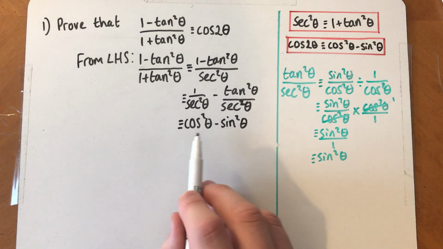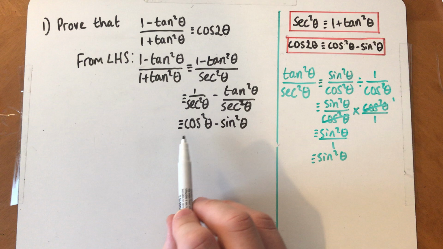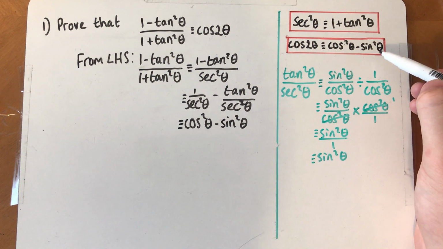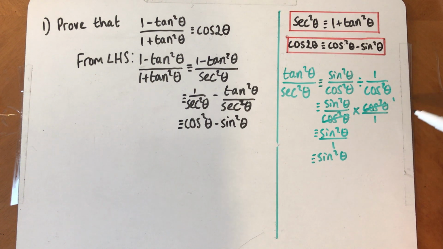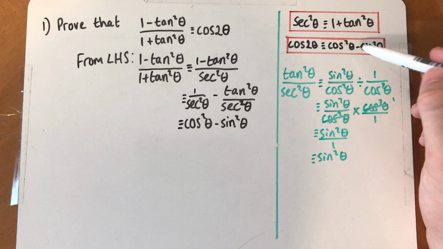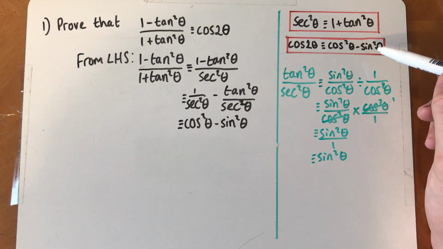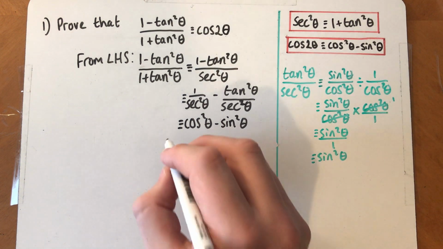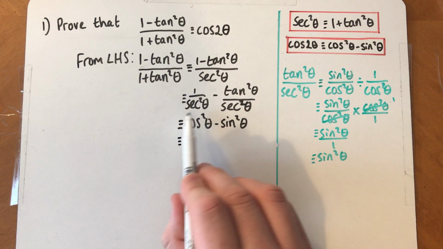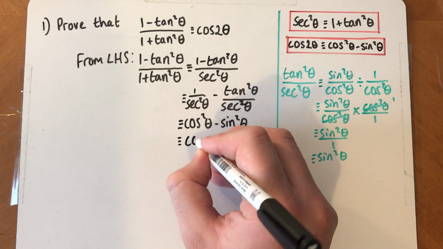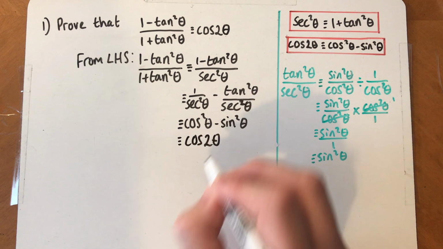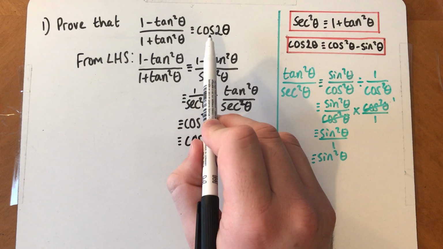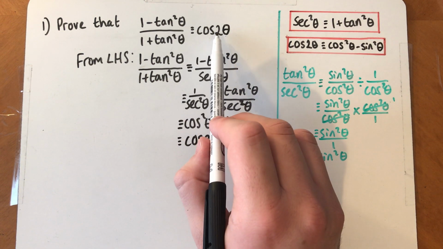Now you should see that this is in the form of one of our other trig identities, Q layer 2: cos 2 theta is identical to cos squared theta minus sine squared theta. This is our cos double angle identity. If I substitute that into the last line, this is identical to cos 2 theta. And then we've shown that the left hand side is identical to cos 2 theta.